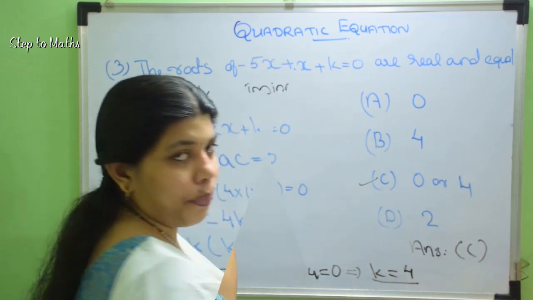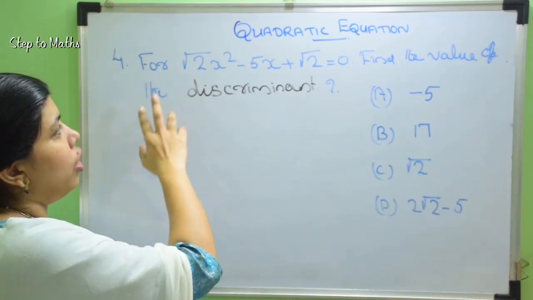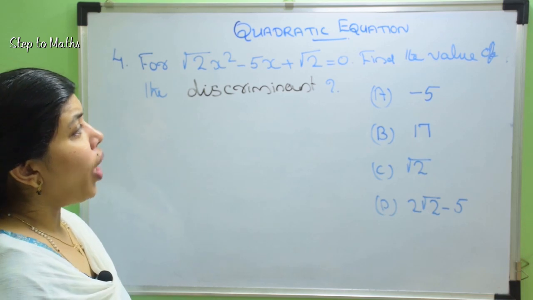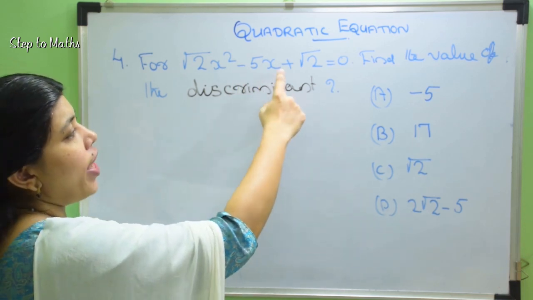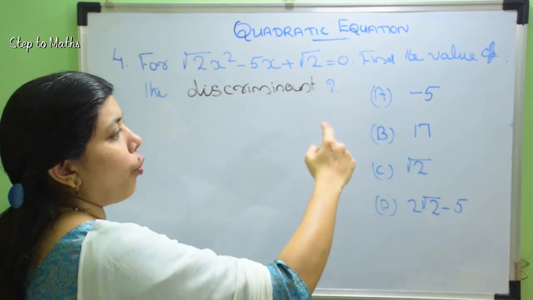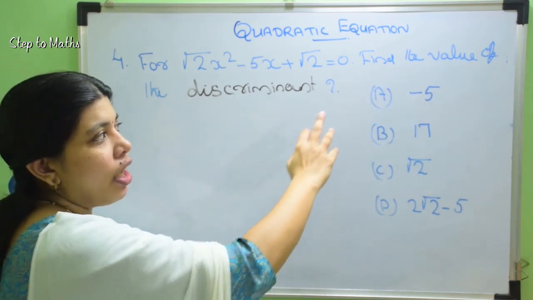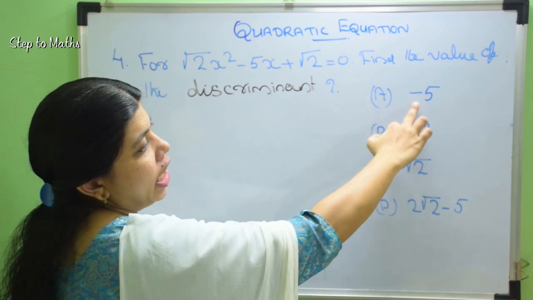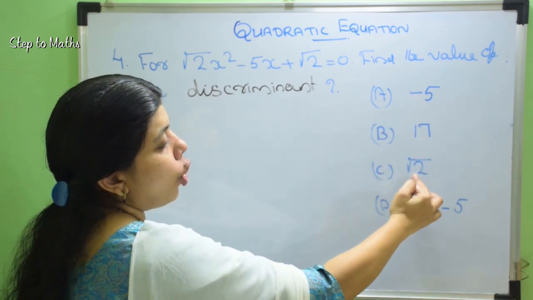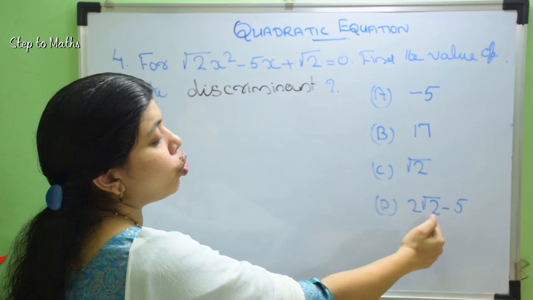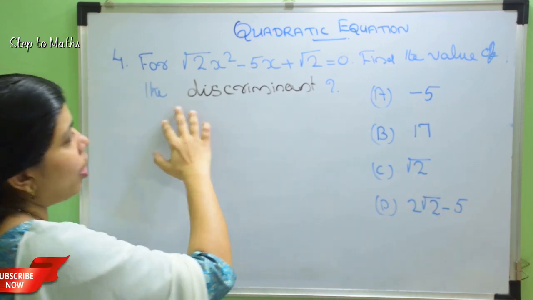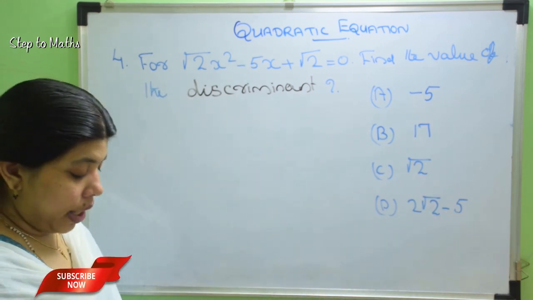Fourth question. For root 2 x square minus 5x plus root 2 is equal to 0, find the value of the discriminant. Given options are minus 5, 17, root 2, 2 root 2 minus 5. Find the value of the discriminant.